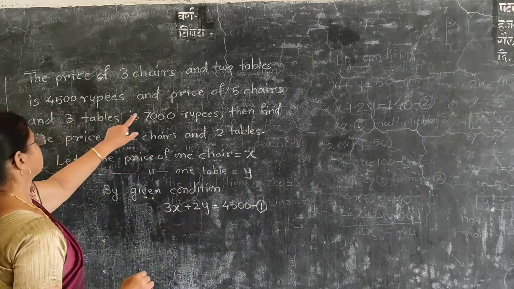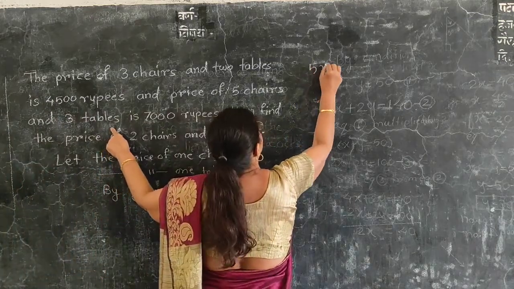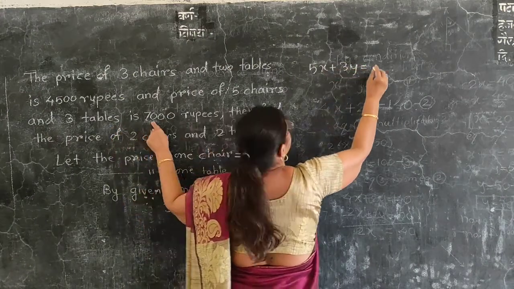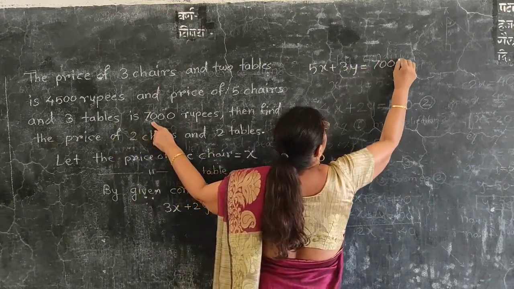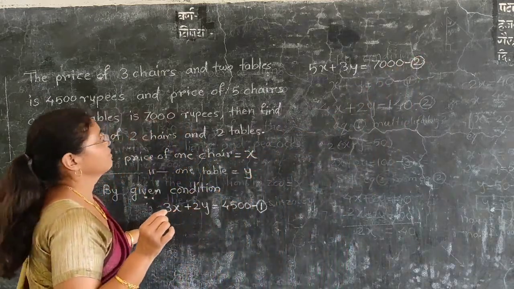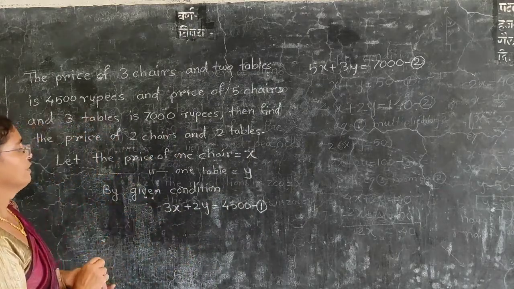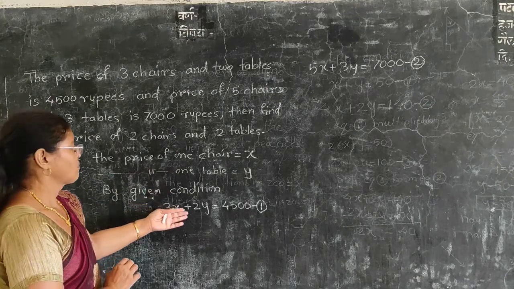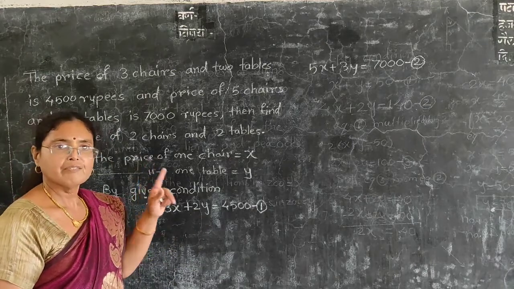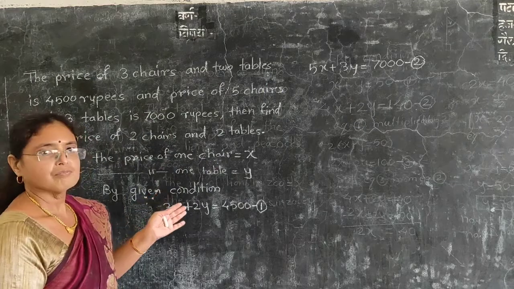Secondly, the price of 5 chairs and 3 tables, that means 5x plus 3y, is equal to 7,000. It is equation number 2. Now let us look at equation 1 and equation 2. We don't have a number which can be made equal just by multiplying one equation.